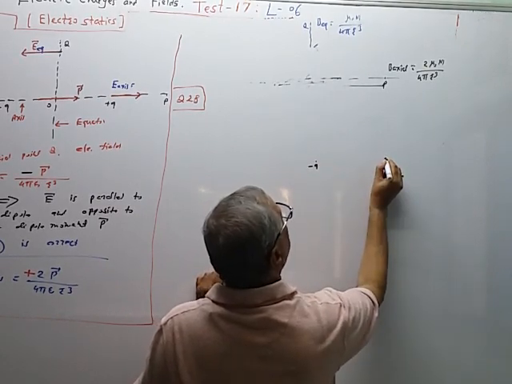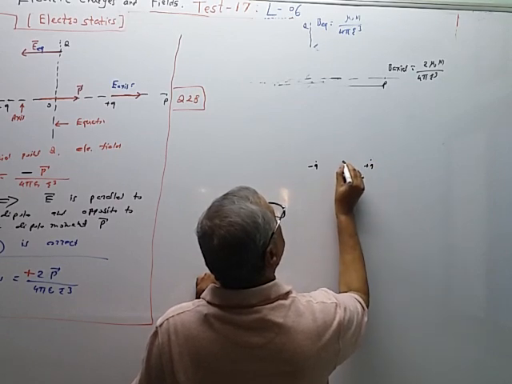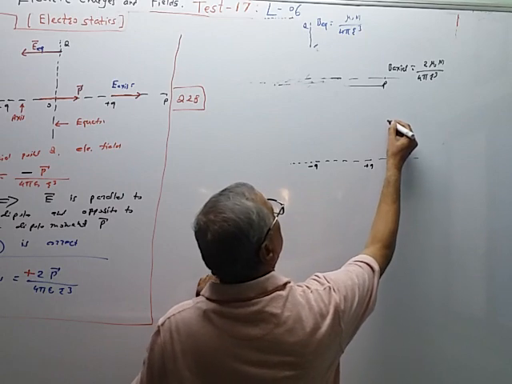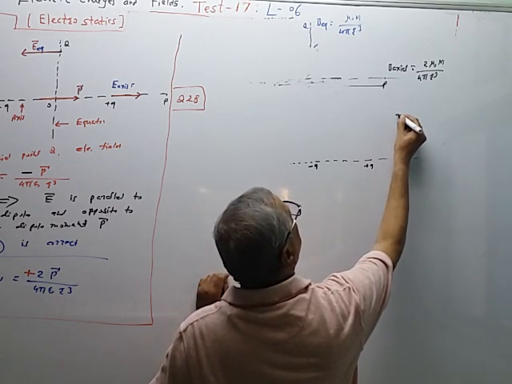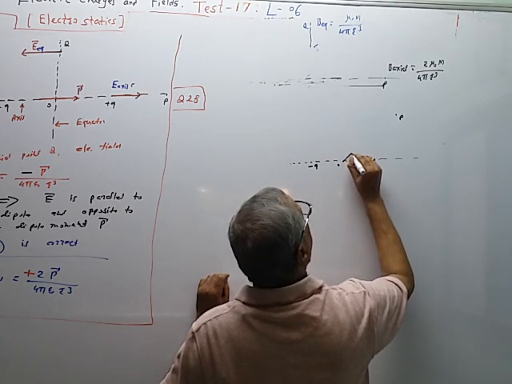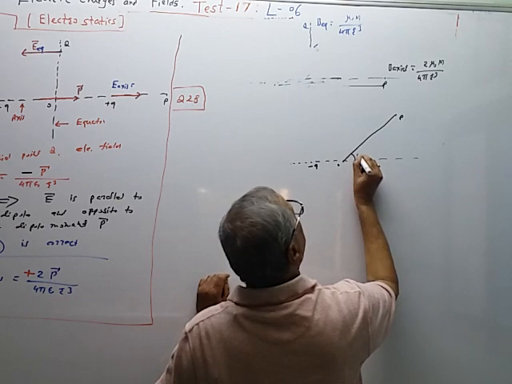This is plus Q charge. This is the dipole. This is the center O. This is the dipole axis. So consider the point P here. So this is the O. This is the line joining point P. So this angle is theta.